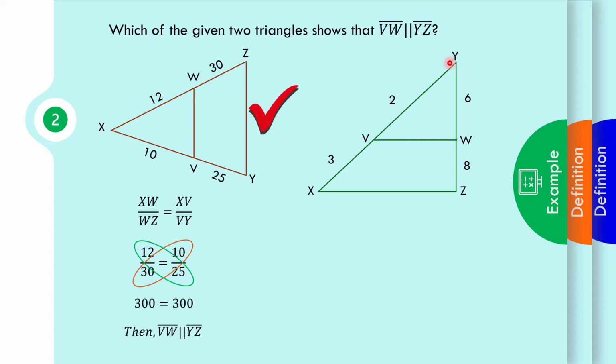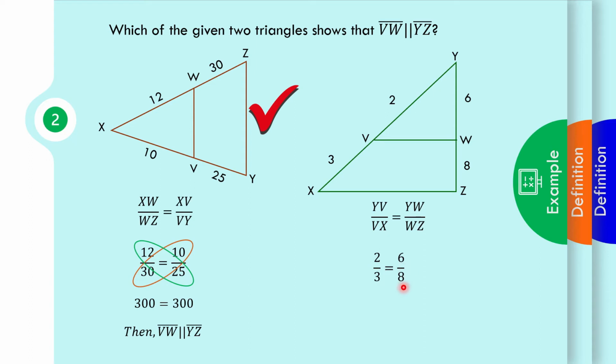Let us have the second one. Let's check whether WV is parallel to XZ. Therefore, we will have this proportion: YV over VX is equal to YW over WZ. Let us substitute the values of each length. Therefore, we have 2 over 3 is equal to 6 over 8.